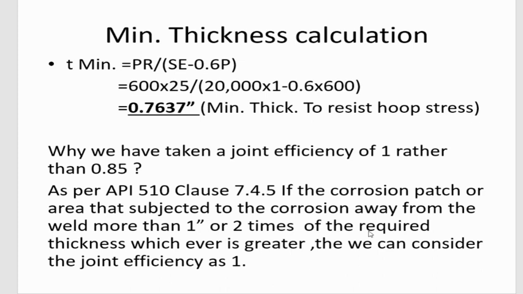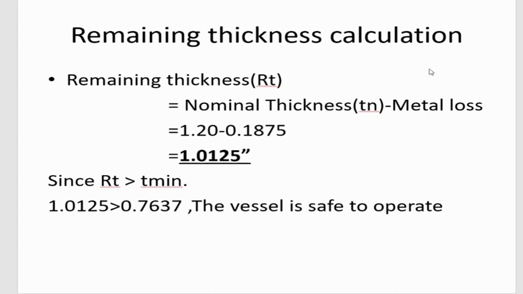In our case, the corrosion is not on the weld, it is 4 inches away from the weld. That's why we have taken a joint efficiency of 1 rather than 0.85. So our minimum thickness to resist the hoop stress is 0.7637 inches.